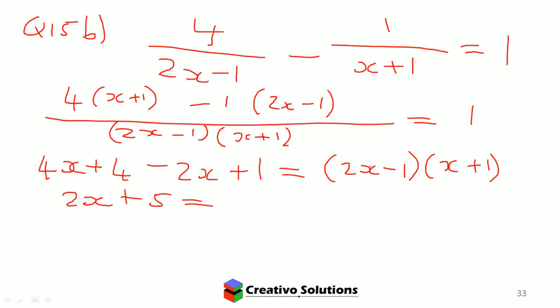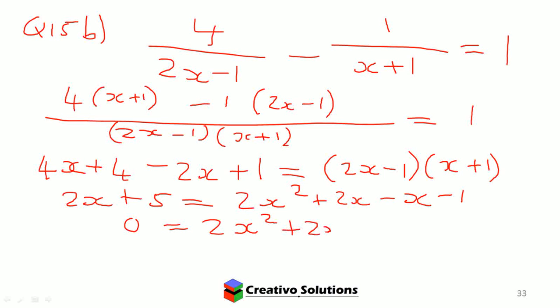Here I'll have 2x times x is 2x squared. 2x times 1 is 2x. Minus 1 times x is minus x. Minus 1 times plus 1 is minus 1. Take everything to one side. So I'm going to leave the 0 here and take those things to the right. So I'm going to have 2x squared, then I'll have plus 2x minus x minus 1 minus 2x minus 5.